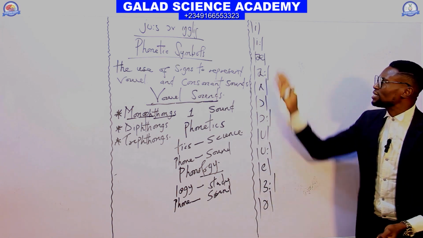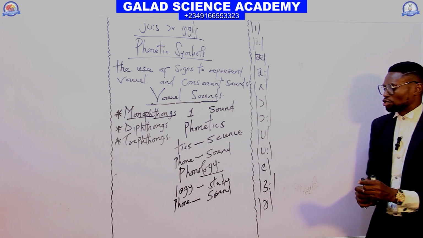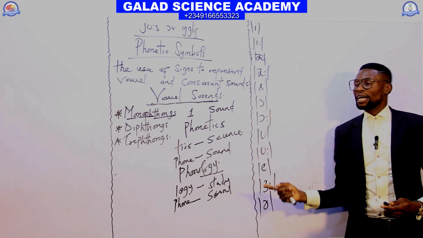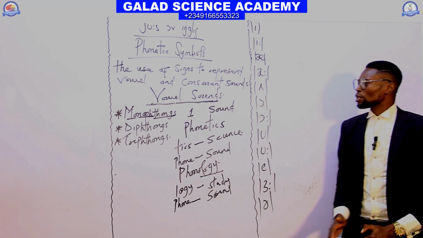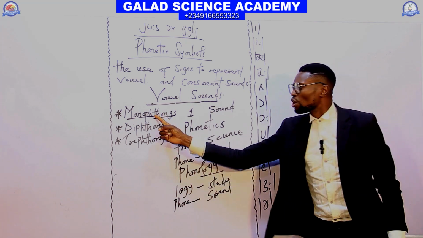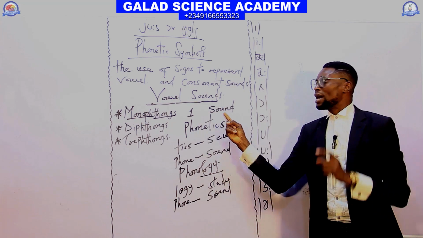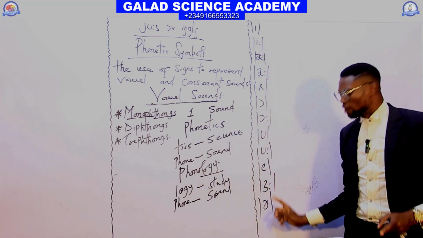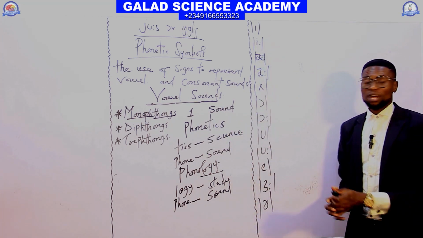I have been able to arrange it in a simplified form for students so that you can understand these sounds. Of course, don't let's forget, monophthongs are signs with one sound. And there are 12 of them, which I have produced here on the board.